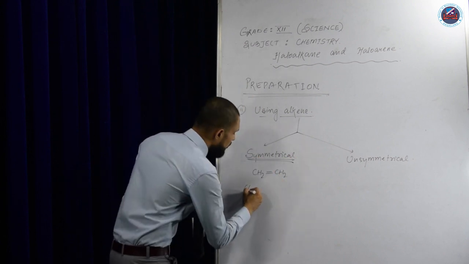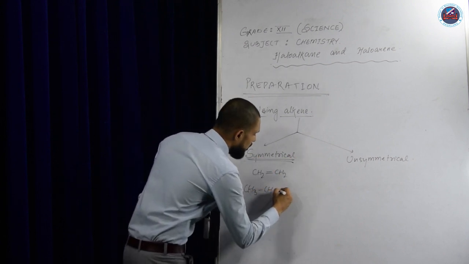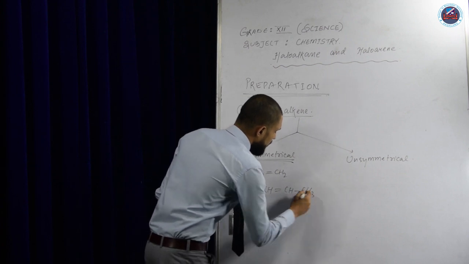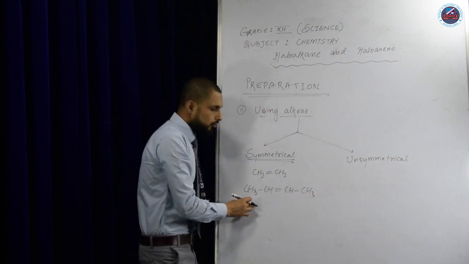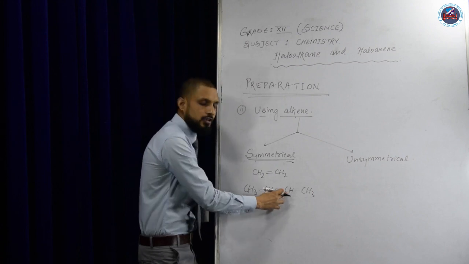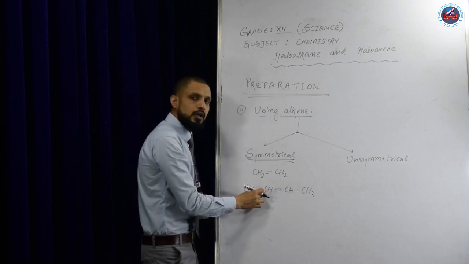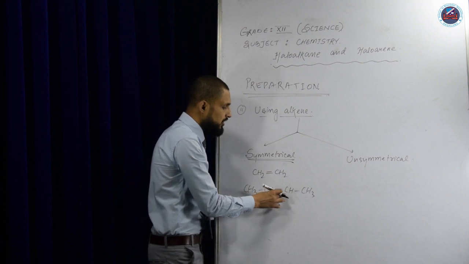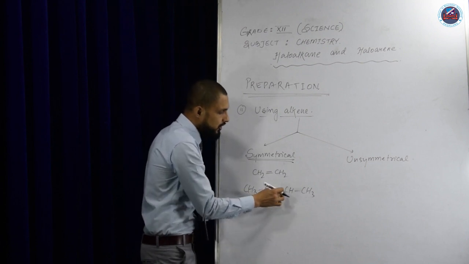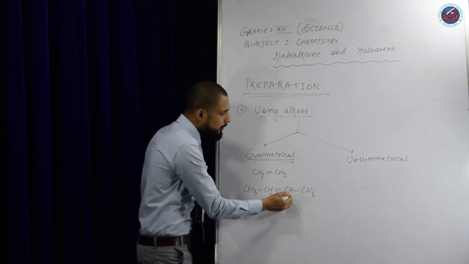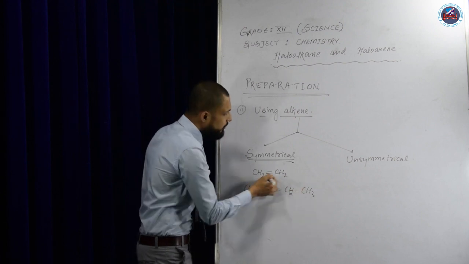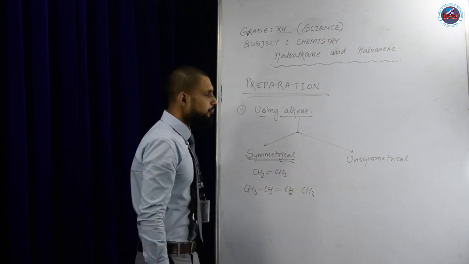One more example, CH3 CH double bond CH CH3. This is but-2-ene. So in this alkene, you can see these 2 carbons, that is carbon 2 and carbon 3, have a double bond between them, and each of the carbons has 1 hydrogen. Therefore, this is a symmetrical alkene.